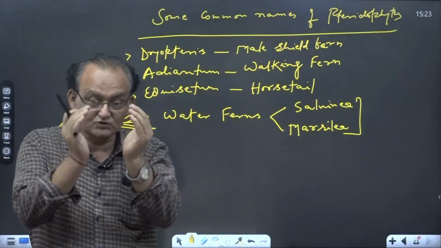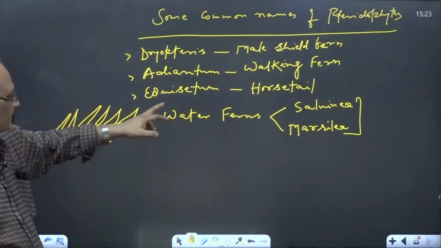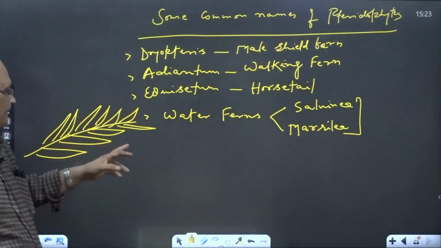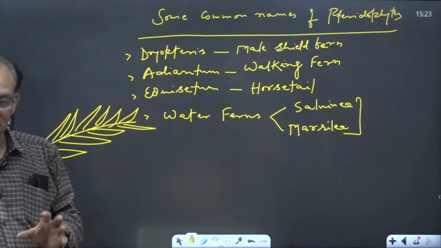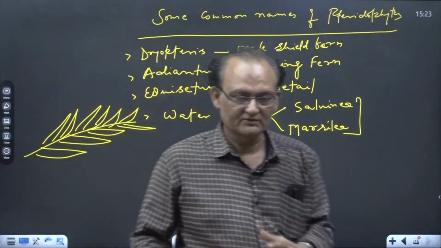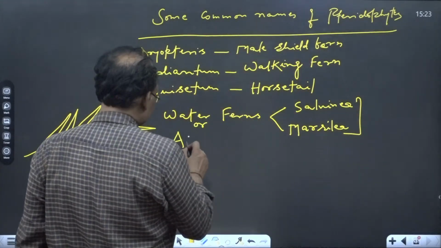Equisetum looks like a horse tail. And water ferns are Salvinia and Marsilea, also called aquatic ferns.